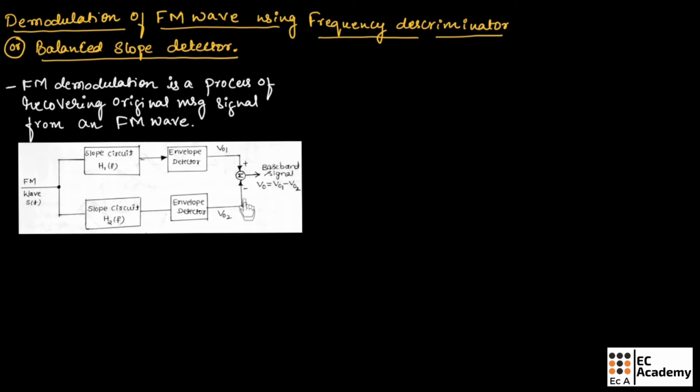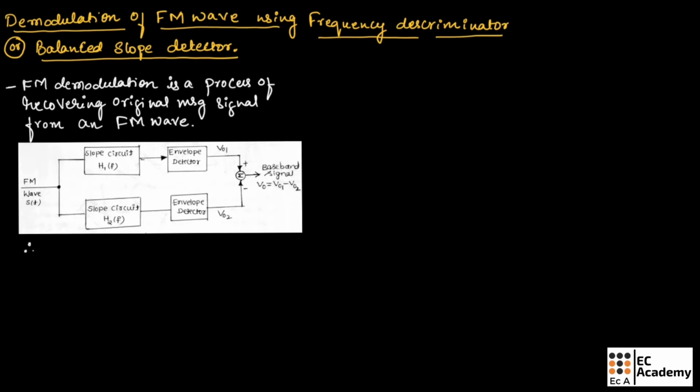These two voltages are subtracted to obtain the original baseband signal. So we will take V0 is equal to V01 minus V02 to get the original baseband signal.